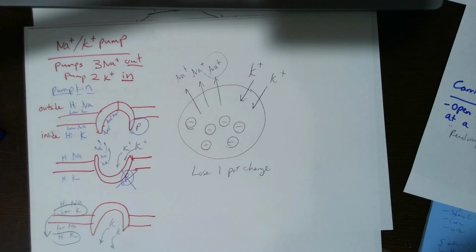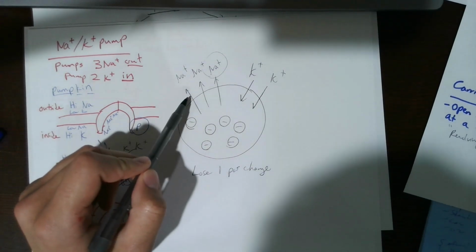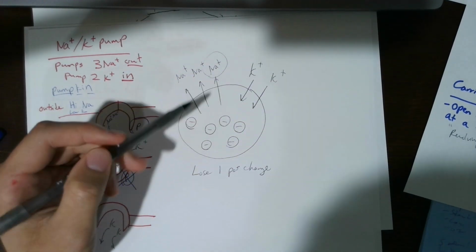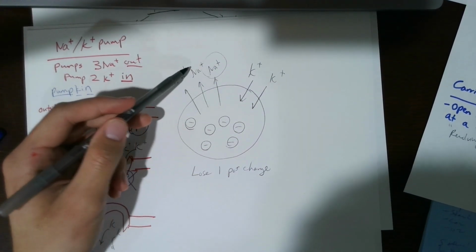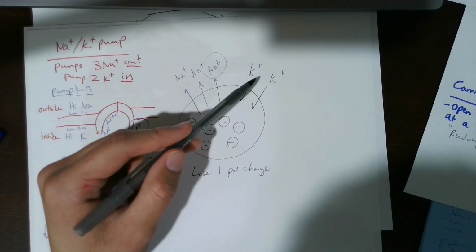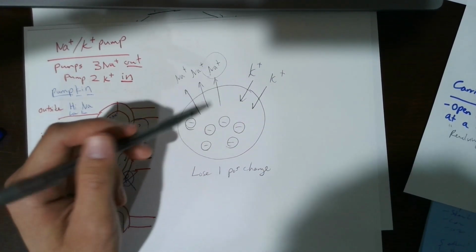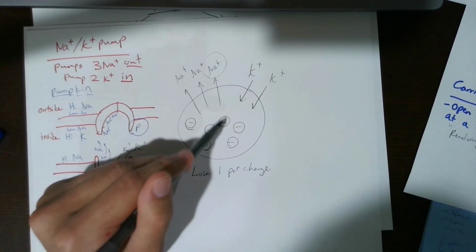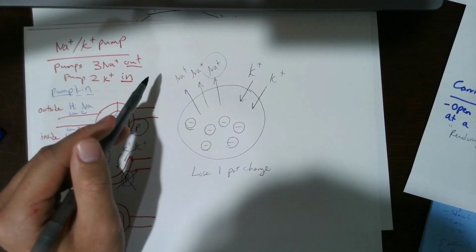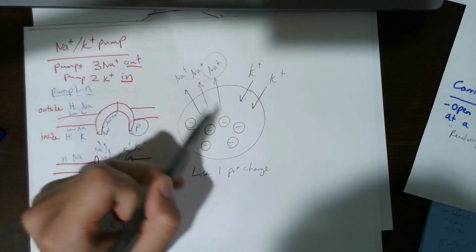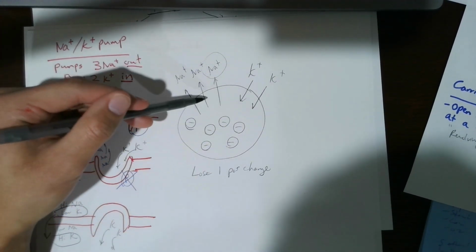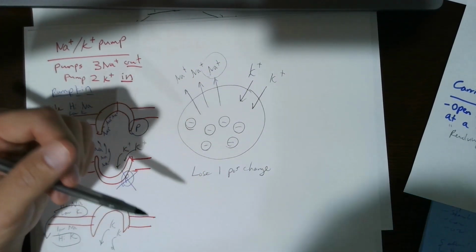But anyway, so we're moving positive charges without touching the negative charges, and since every time the pump runs, we're losing 3 sodiums and only gaining back 2 positive potassiums, that means that every time we lose 1 positive charge and the cell becomes more negative. The sodium-potassium pump makes it more negative because we're taking out 1 positive charge each time without ever replacing it back.